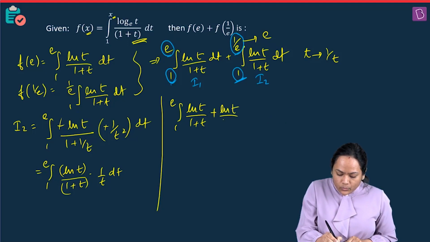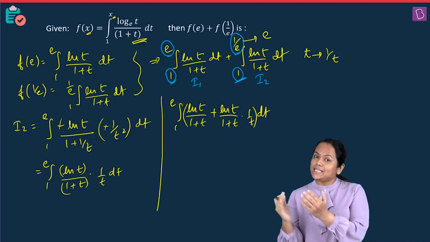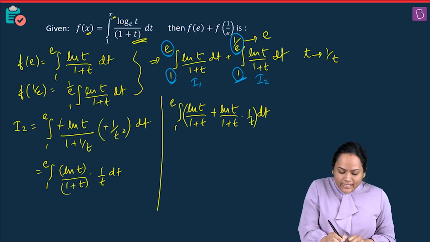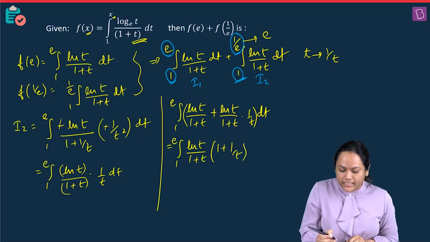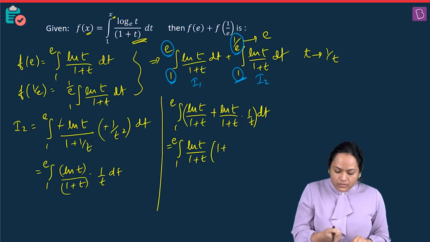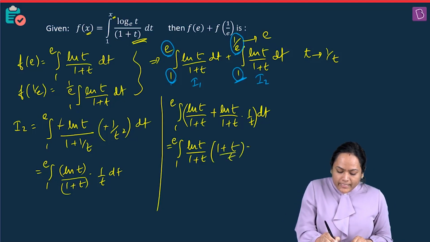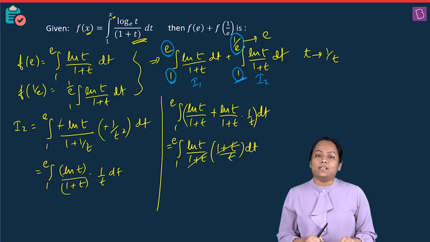And now you can see that ln t by 1 plus t is common. So on taking that common, it's going to become the integral from 1 to e of ln t divided by 1 plus t times 1 plus 1 by t. And in this bracket, if I take LCM, it's going to become 1 plus t by t dt, right? And this 1 plus t is getting cancelled out.